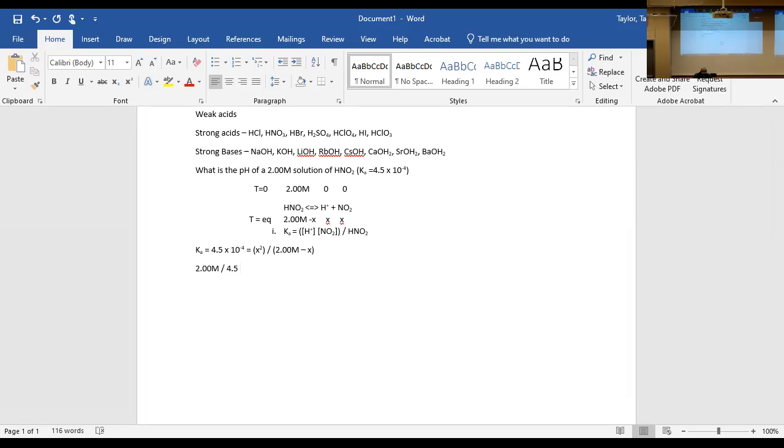So divide it by 4.5 times 10 to the negative fourth. And what do we get whenever we do that? 2 divided by 4.5 times 10 to the negative fourth. I need to bring my calculator next time.